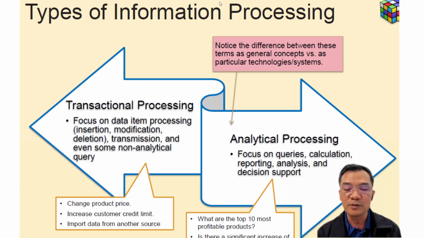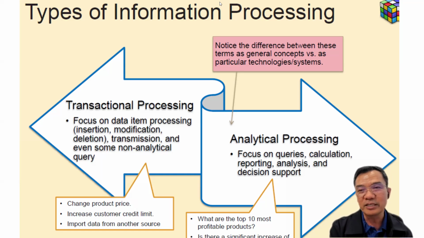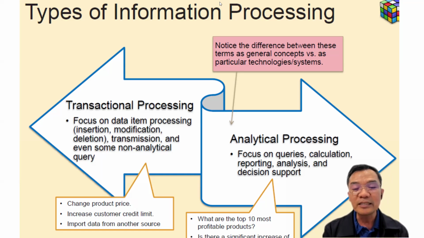And BI will focus on analytical, but as I've said, the data used by analytical processing is dependent on the regular transactions of the organization. So it's also critical because part of the transaction will be the cleaning. We need to clean the data before it can be processed so that it will produce a good output.